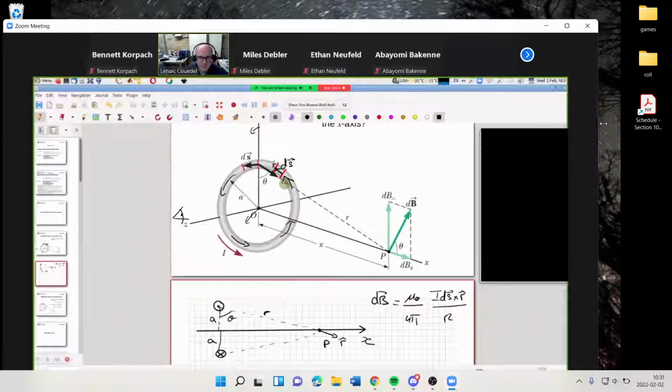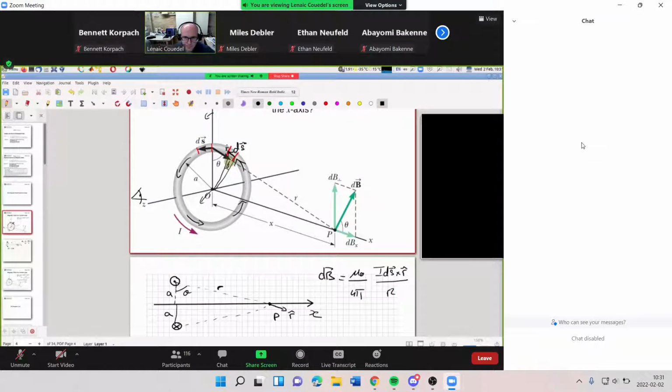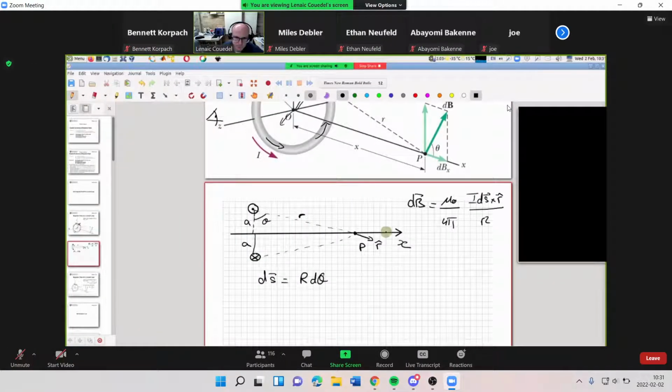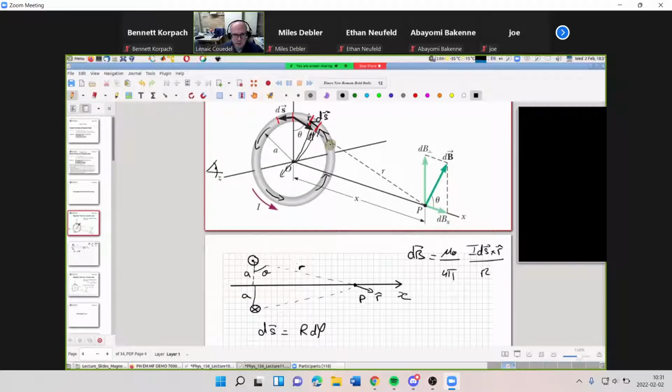So this small angle here, I will call it d phi. And we are turning in the counterclockwise direction, so I can just attach to it the unit vector phi hat.